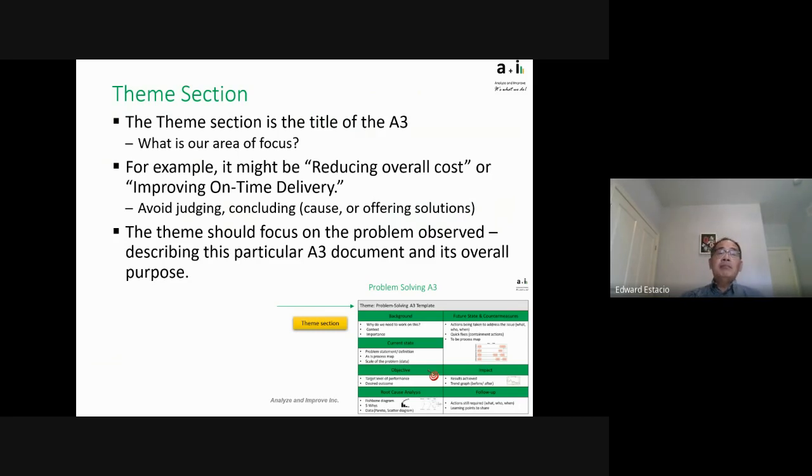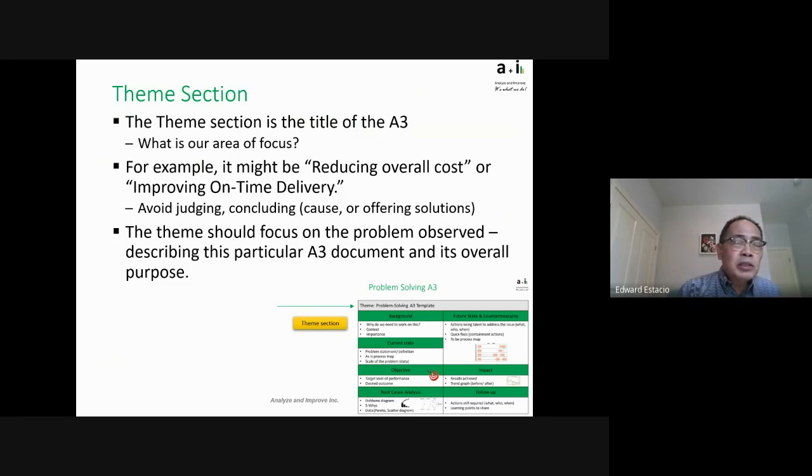You'll have the team section. That is the title of the A3. What is our area of focus, right? For example, reducing overall costs or reducing overall scrap, increasing on-time delivery, improving on-time delivery. Let's avoid judging and concluding, or maybe offering solutions.